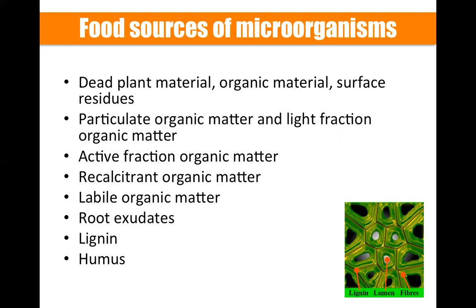Okay, number two, dead plant material, or what we call organic material, detritus, or surface residue. All of these terms refer to plant or animal or other organic substances that have recently been added to the soil and have only begun to show signs of decay.